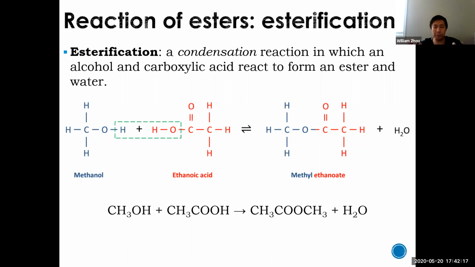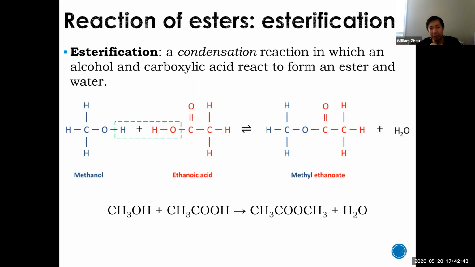Condensation refers to losing water. So you basically rip off H2O from those two compounds, and then they will join together with water as a side product. Hence, you condense the water. That's where it gets the name from. So in the esterification example, methanol, the alcohol with one carbon, will bond with ethanoic acid, the acid with two carbons.